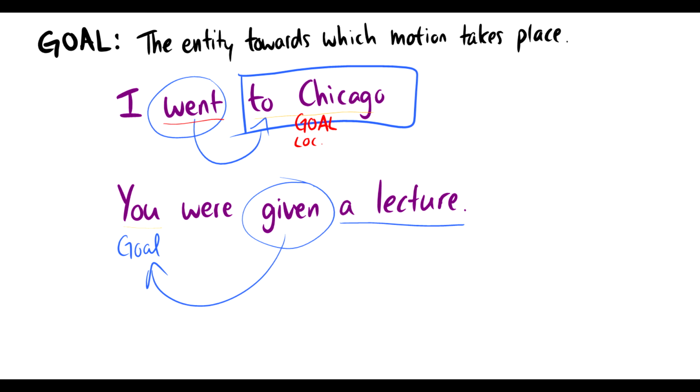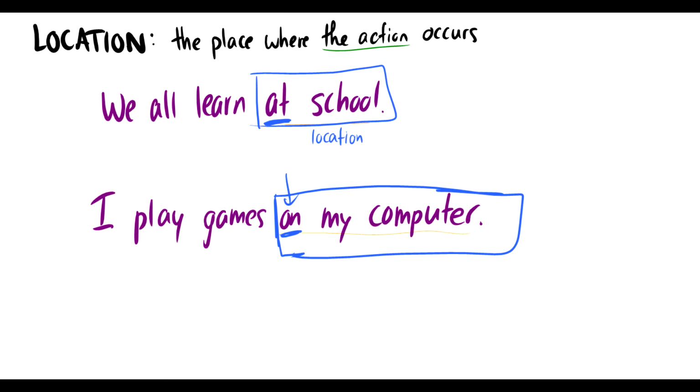So if you look at this sentence here, I play, well, play doesn't really have a goal, does it? Normally when you say play, you usually have a person here, which would be an agent, more specifically, and then you usually have a theme here.